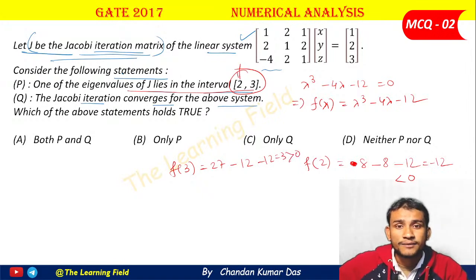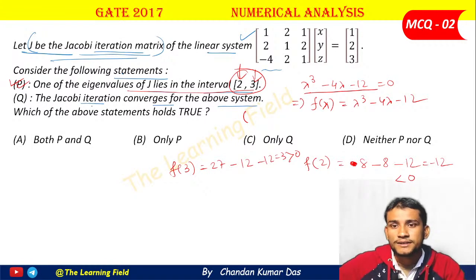That is, at the point 2 the function f of lambda is less than 0, and at the point 3 it is greater than 0. We know that if f of a times f of b is less than 0, then one root must lie in between the interval a and b. Therefore one root lies between the interval, that is statement P is a true statement.